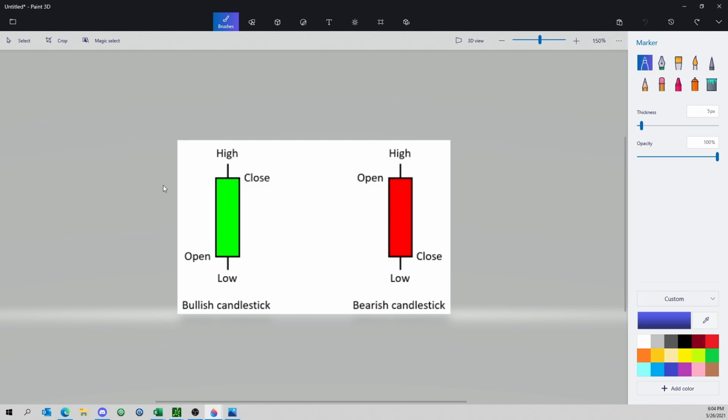So for this bullish candle, for instance, it started at this level here, and sellers were in control, pushed the price down to the low, and buyers came back in and bought it all the way back up to this level.